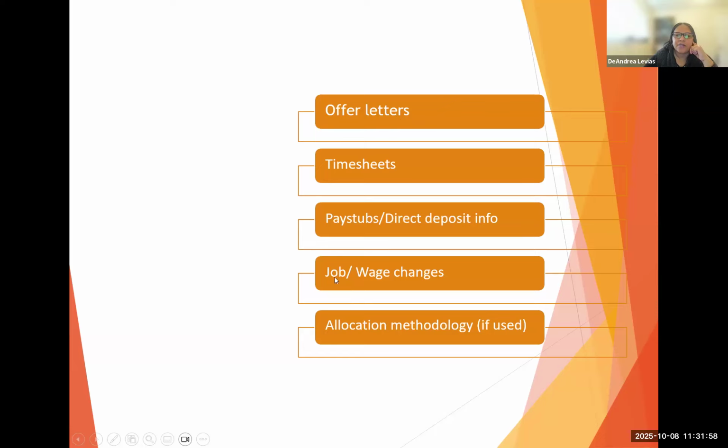And anytime there's a job or a wage change, make sure that that's documented somewhere as well. So if someone changes positions or stays in the same position and gets an increase, make sure that is documented, because those are the types of things that they ask for when they're doing their fiscal review. And all of that stuff needs to match and line up.